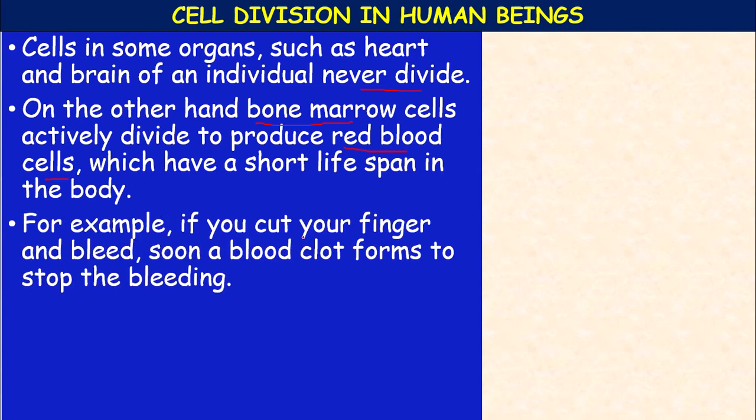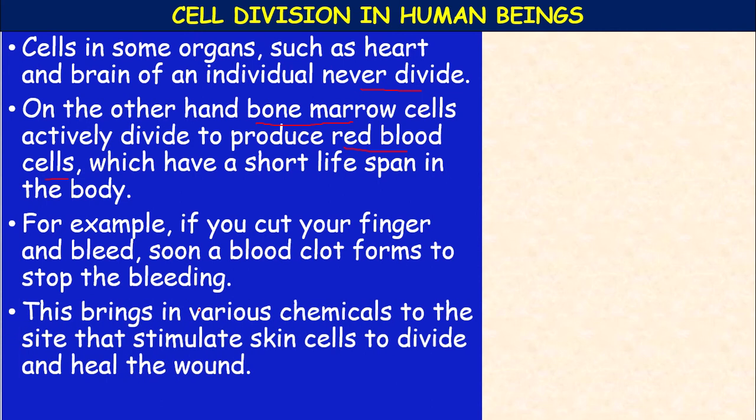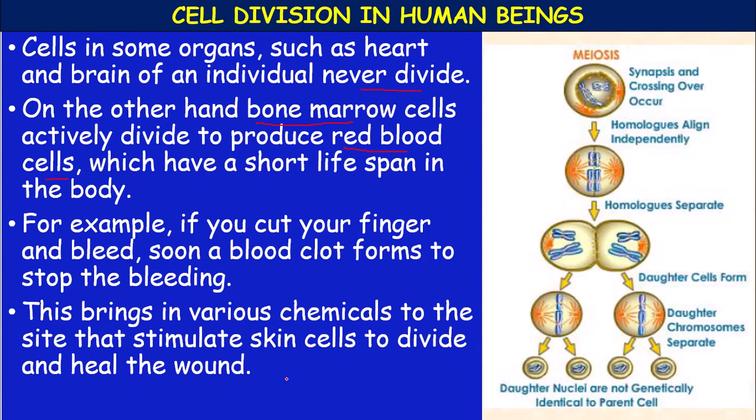For example, if you cut your finger and bleed, soon a blood clot forms to stop the bleeding. This brings in various chemicals to the site that stimulate the skin cells to divide and heal the wound. So wound healing is another interesting process, which actually involves mitotic cell division.